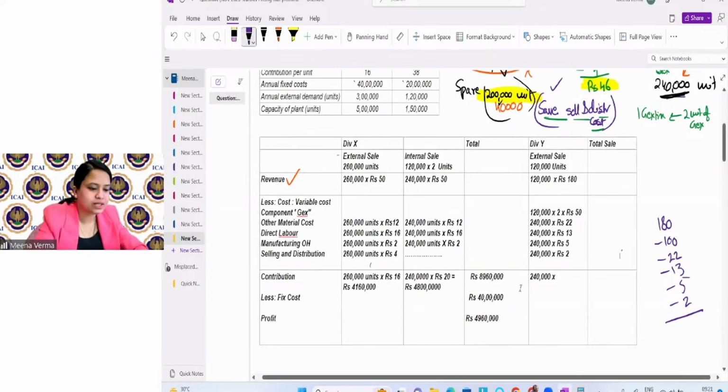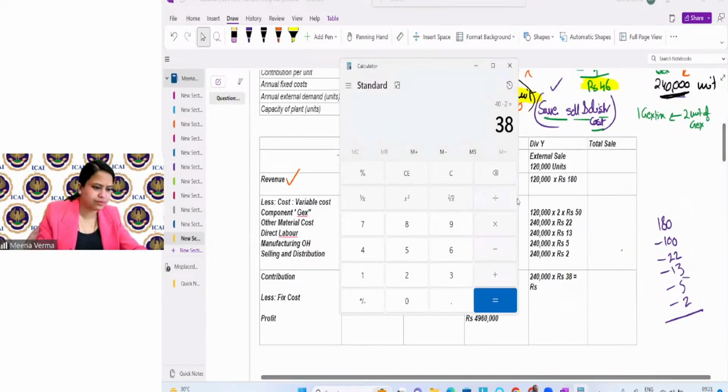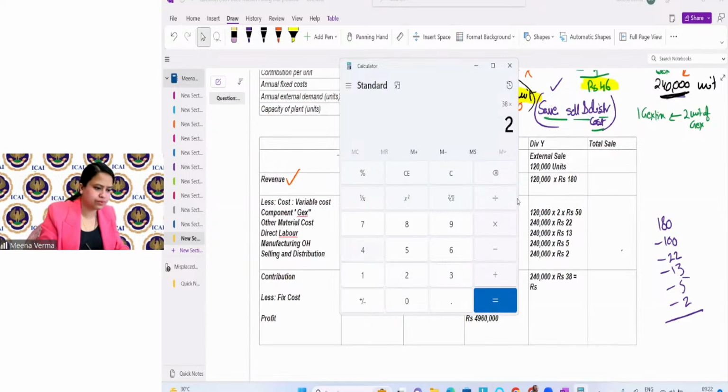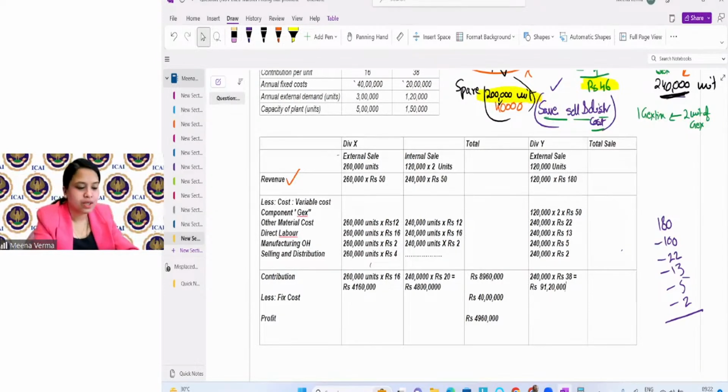This is coming as 38, right? 38. All right. So in this way, you can find the total contribution of the company. Just multiply the value. What is it coming? Rupees 38 into 240. And the fixed cost for this division is 20 lakh.